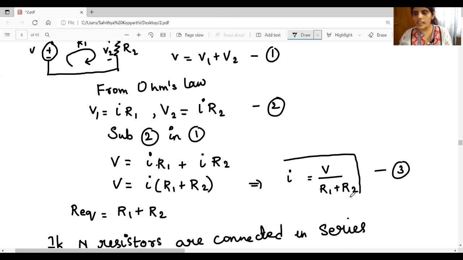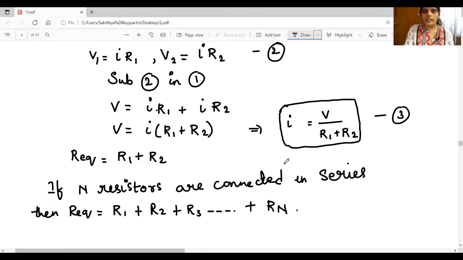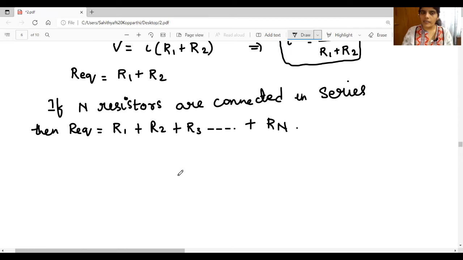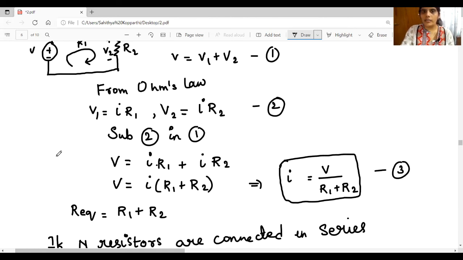Now I'll use this equation 3 to obtain the voltages across R1 and R2.